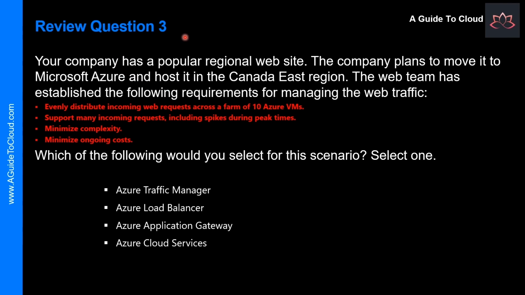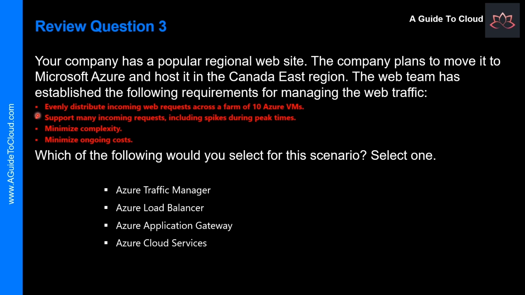Let's look at question number 3. Your company has a popular regional website. The company plans to move it to Microsoft Azure and host it in the Canada East region. The web team has established the following requirements for managing the web traffic. So what are these requirements?